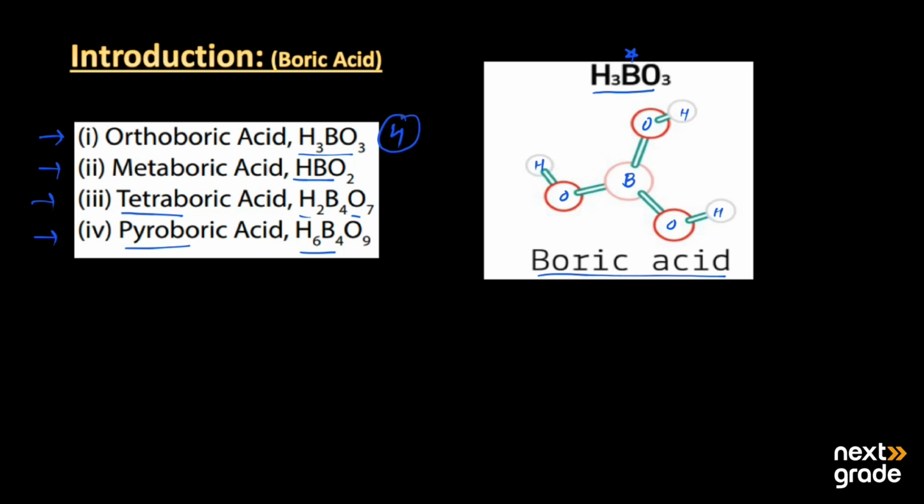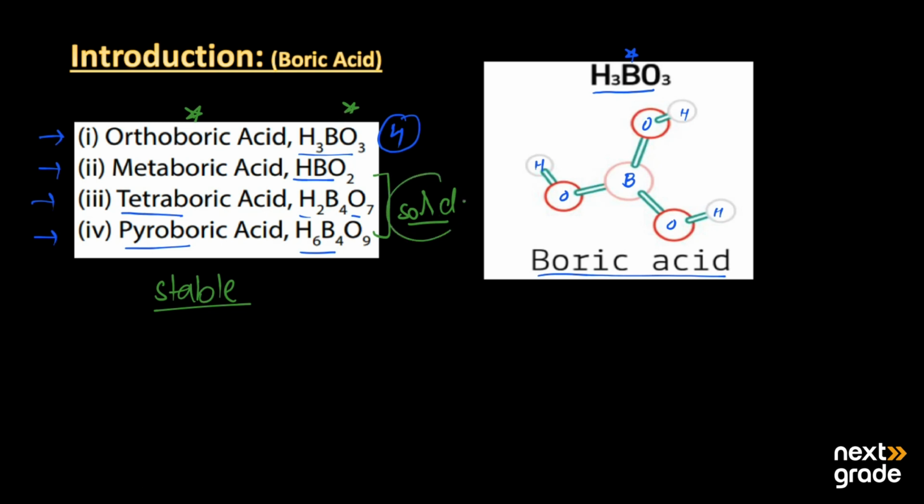But out of all these, the first one, orthoboric acid, is the most important type, as it is the most stable type of boric acid. The remaining acids are stable only in their solid state, and they change into orthoboric acid in solution.